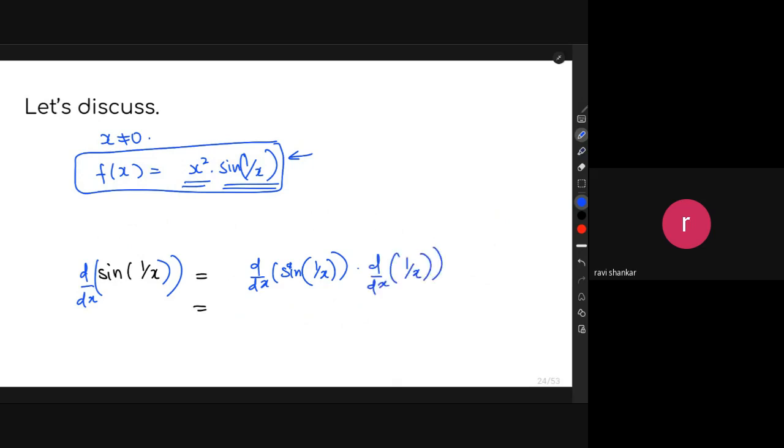This is the chain rule, that's what I'm applying over here. So I will get cos 1 over x times the derivative of 1 over x, which is minus 1 over x square. This is what I'm doing, nothing else. This must be clear.